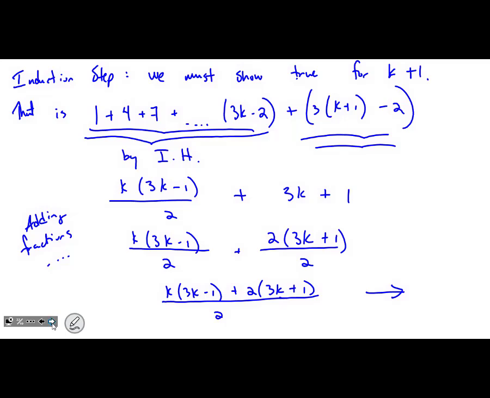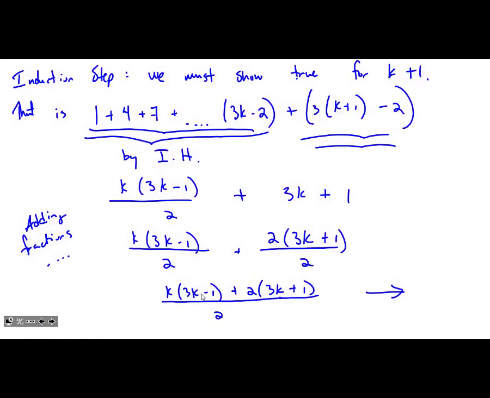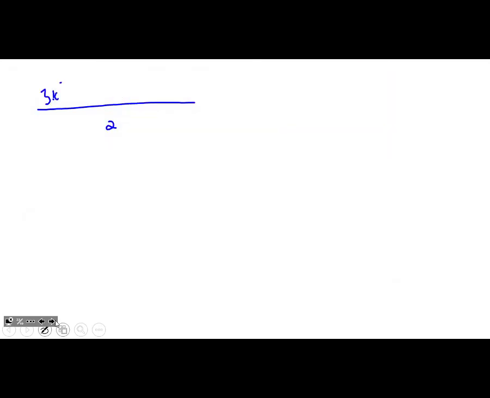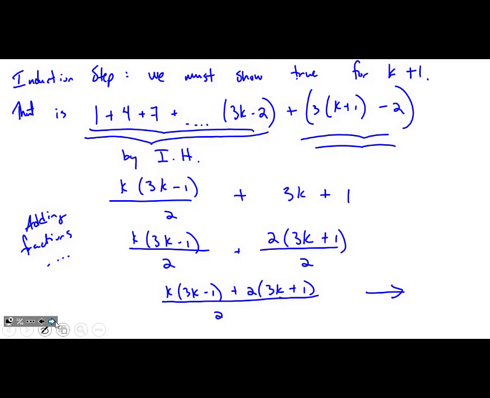Okay, so if I clean this up, I'm going to have a 2 in the denominator. k times 3k, so that would be 3k squared minus k, plus 6k plus 2.